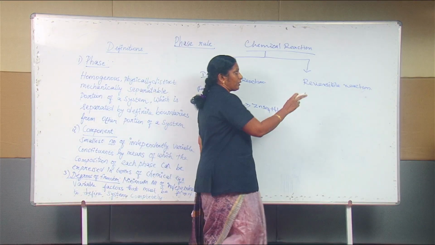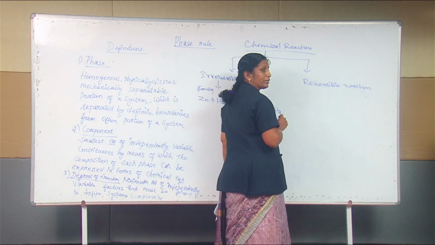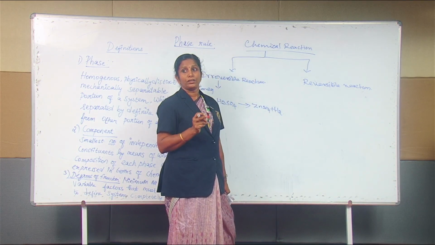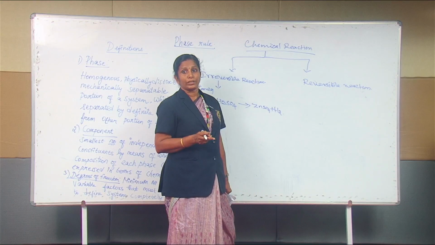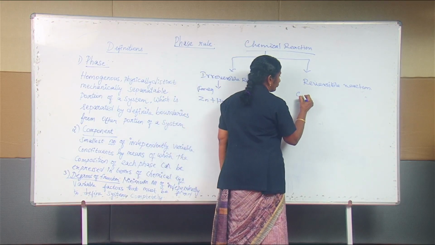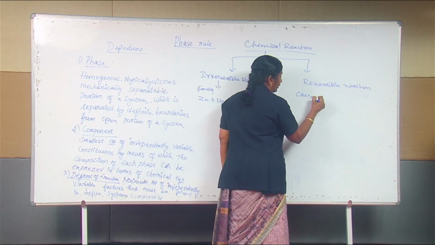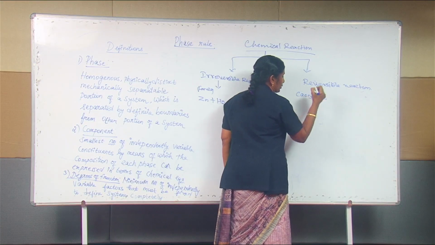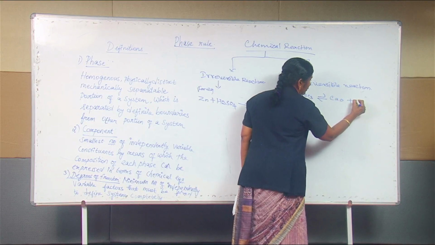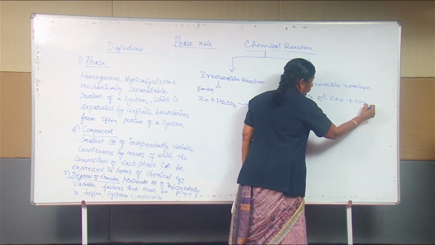Our next one is a reversible reaction. A reversible reaction means the reaction takes place in both directions. That is, forward and then backward reaction takes place. For example, calcium carbonate undergoes dissociation. Now we get calcium oxide plus carbon dioxide.